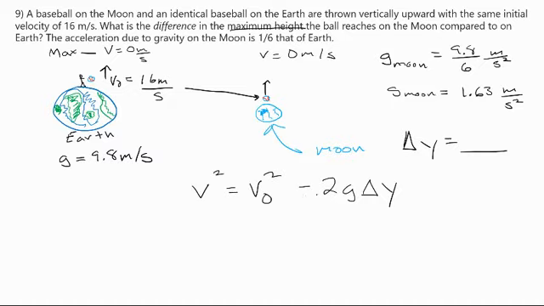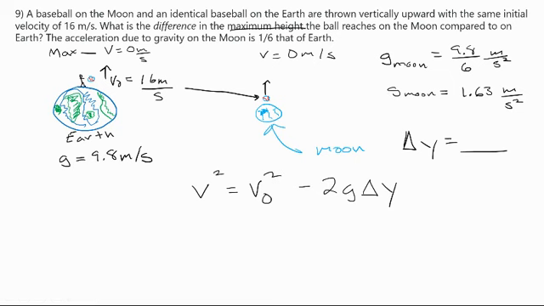Did you guys find that one? Okay. Now this one's a little weird because we're going to run into a little bit of a math problem, sort of, but not really. Let's just plug it in. So now this is the formula that we're using.